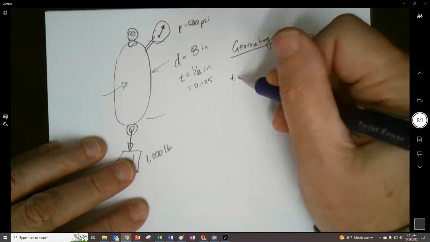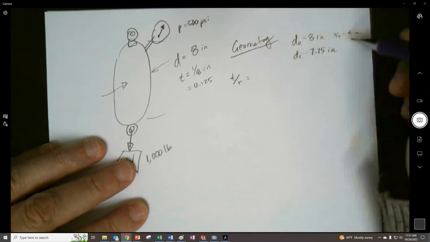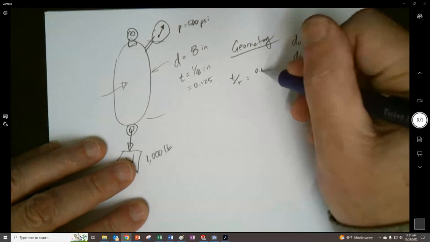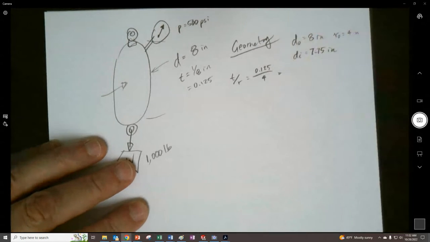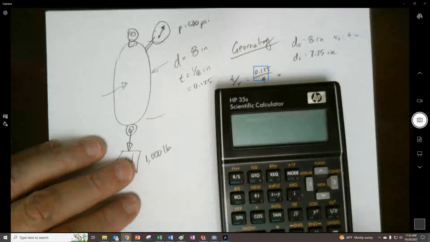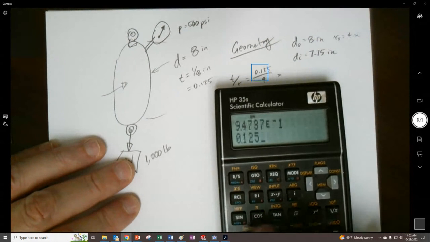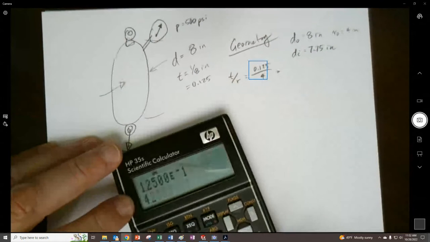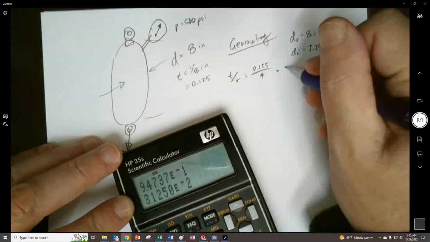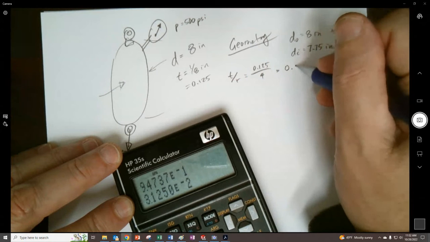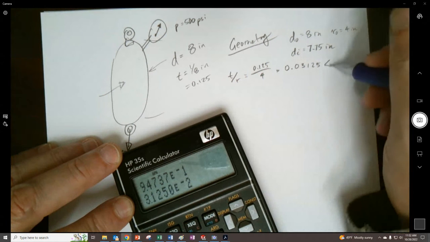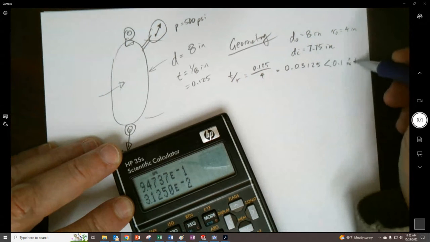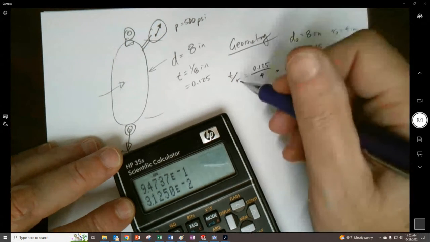So let's take our t over r and just use the outside radius. So 0.125 divided by 4. I think I chose poorly because I'd rather have a thin walled. But no, I think I'm okay, that's totally fine. So this is like 0.03125, right? That's less than 0.1, therefore it's thin. It might be too thin.